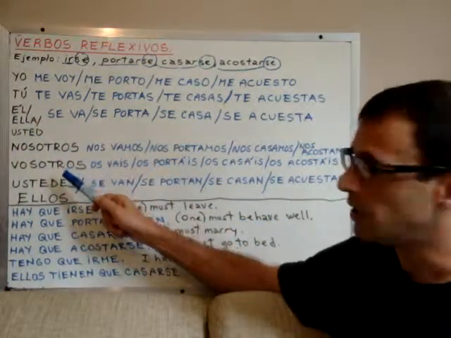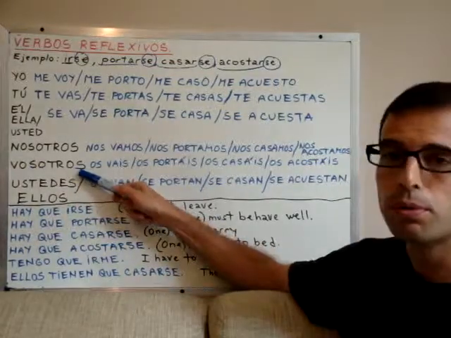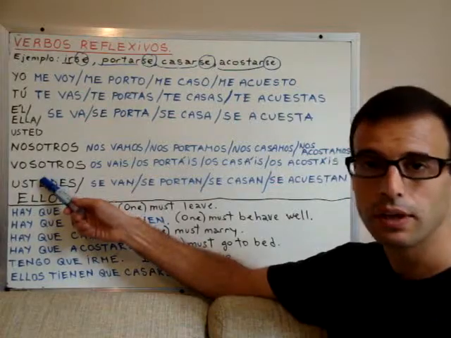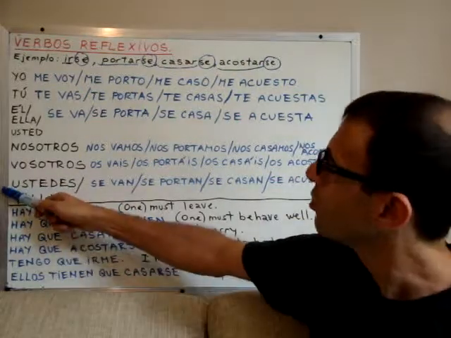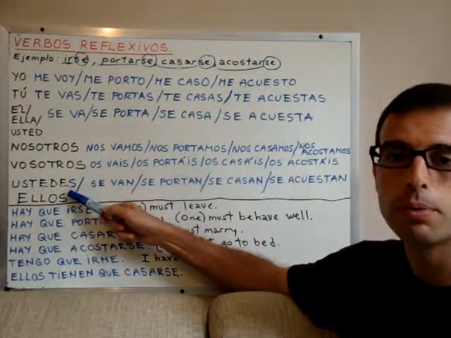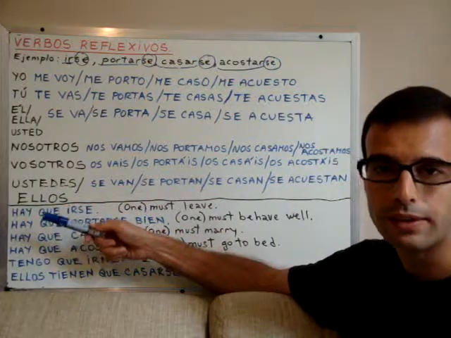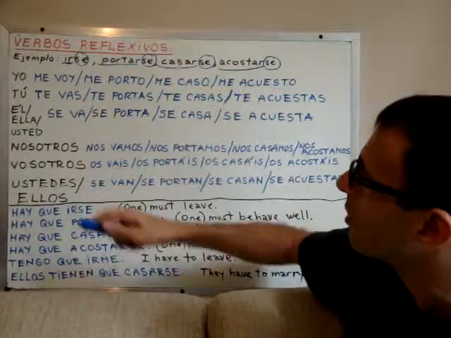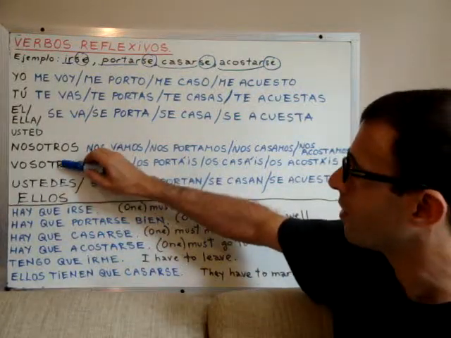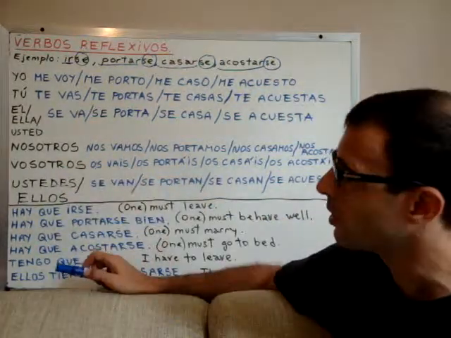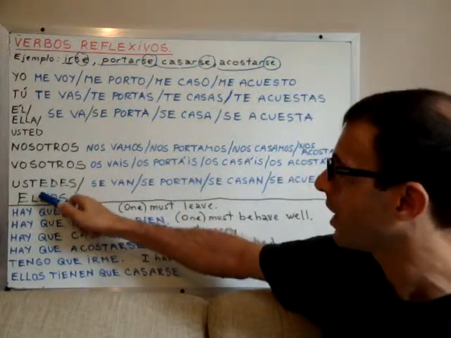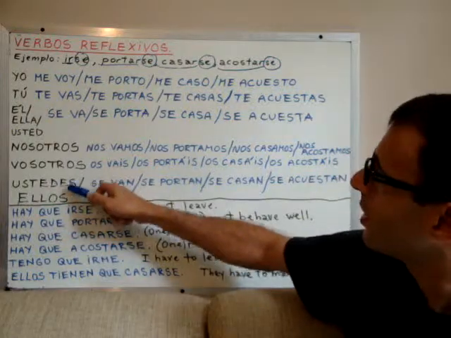Nosotros is we. Vosotros is you plural, the you plural used in Spain. Ustedes is also you plural, but the you plural used in Latin America. And ellos means they. Although vosotros and ustedes are synonyms, ustedes conjugates the same as ellos, as they. That's why they are together here.